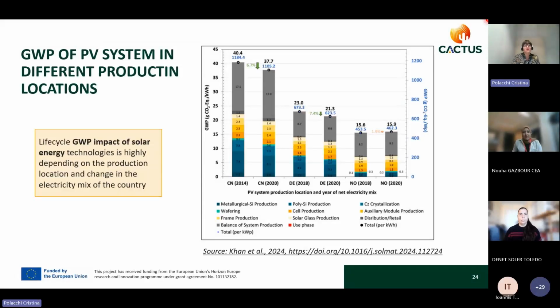What we can observe from this graph is that the global warming potential really depends on the production location, and also that the PV module is not only the major contributor, but the balance of system also has a very high contribution to the greenhouse gas emissions.